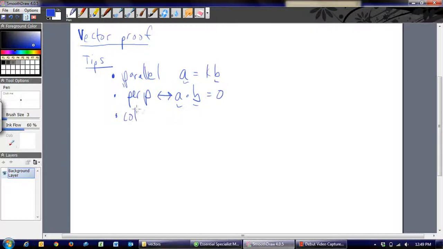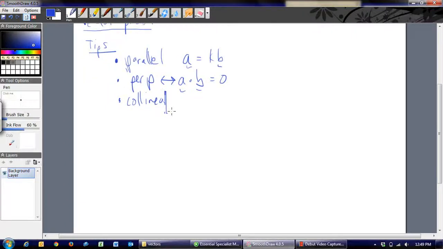Another thing to remember is, what does collinear mean? Collinear just means on the same line. Okay, they share the same line. Usually what they're asking is to show that A, B, and C are on the same line or something like that.